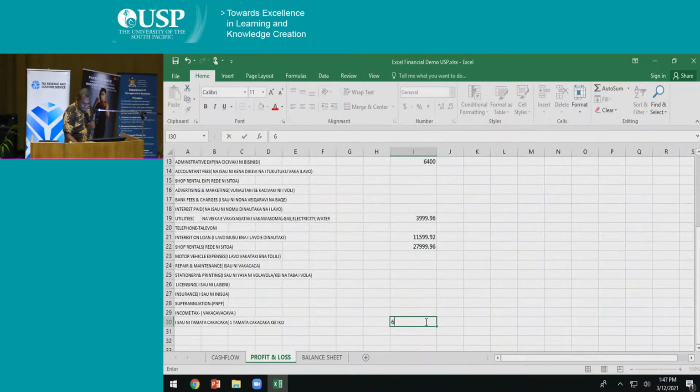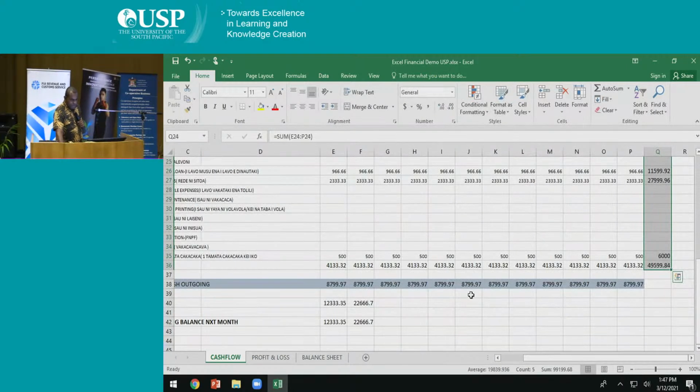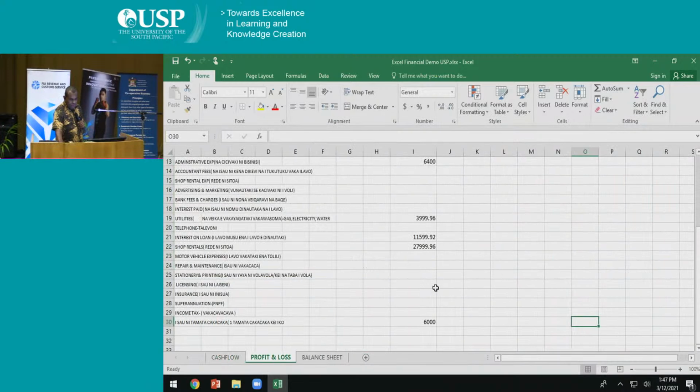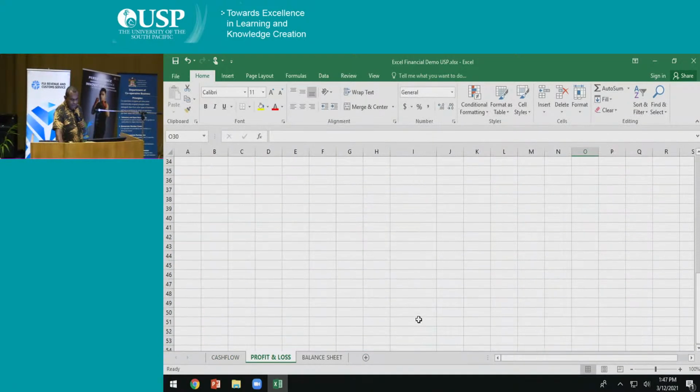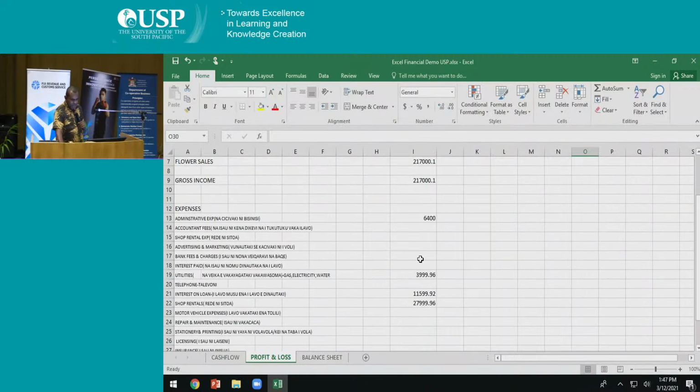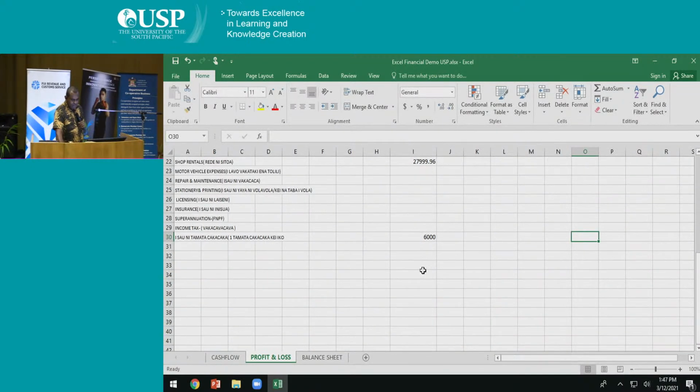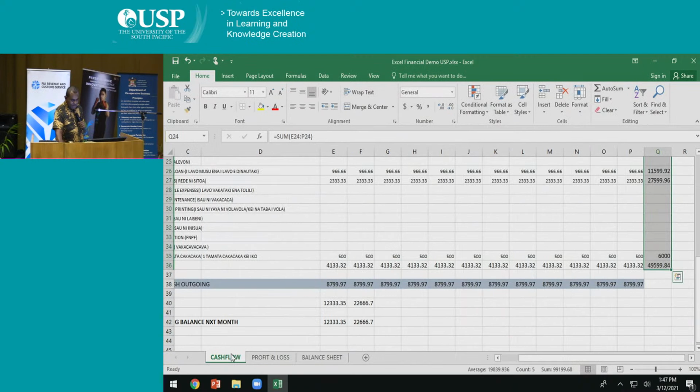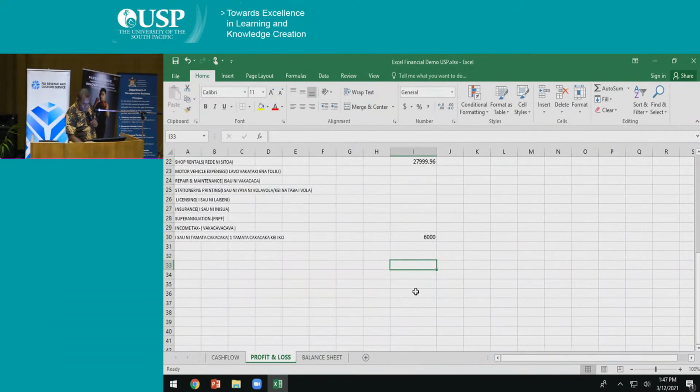Wages, good. Next. And this 49? Total, okay. Now let's total. It's 49. $49,599. 49,599.